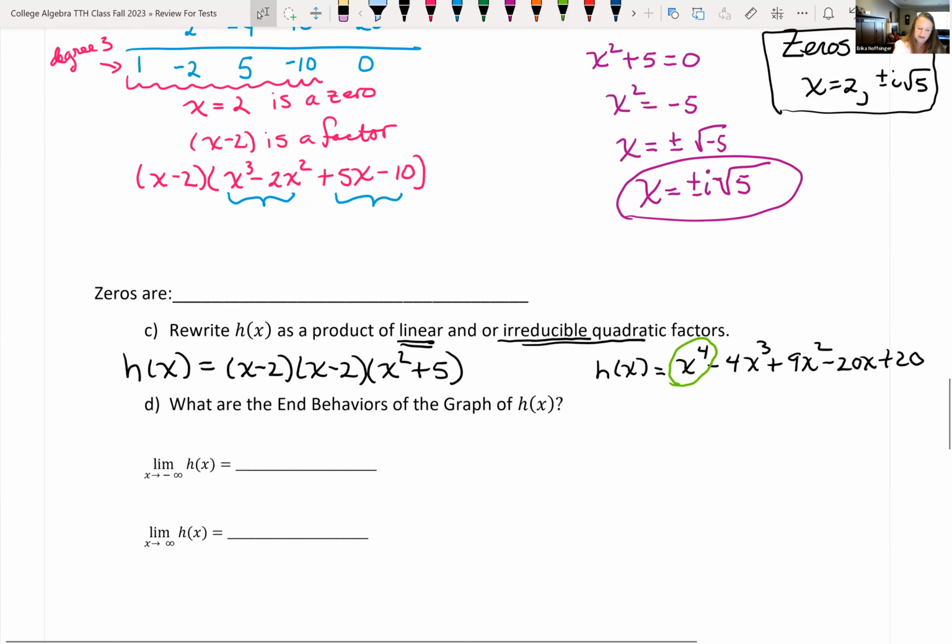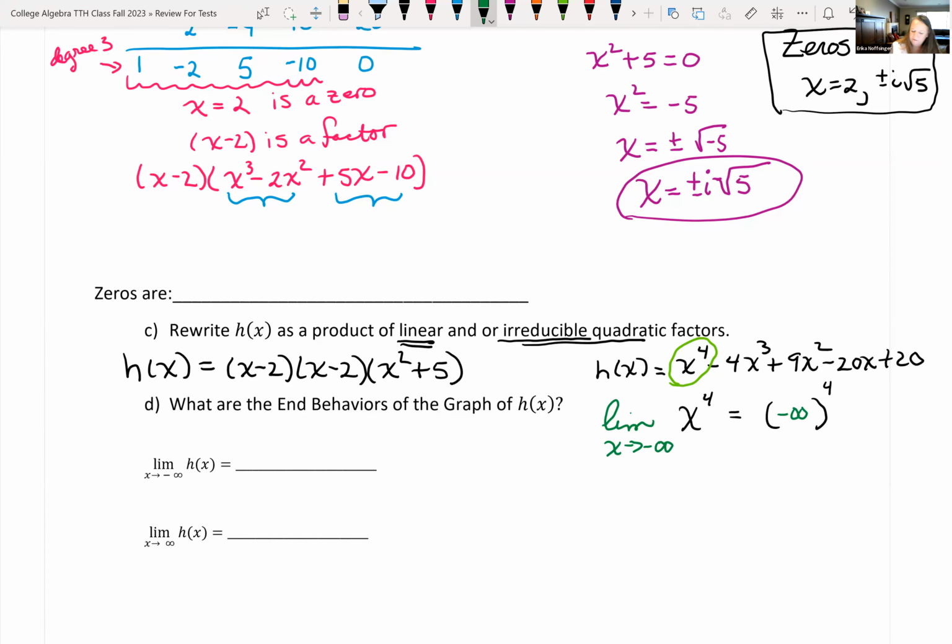So think about it with kind of some logic. So if I'm going to negative infinity, and one way we can write this is the limit as x is going to negative infinity of x to the fourth. So if I went in here and I plugged in negative numbers wherever I see an x, as that was going to negative infinity, and I raised that to the fourth power, this is going to be a positive number. And so this tells me that this is going to shoot off to positive infinity.